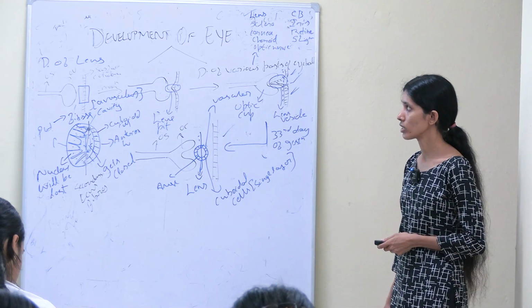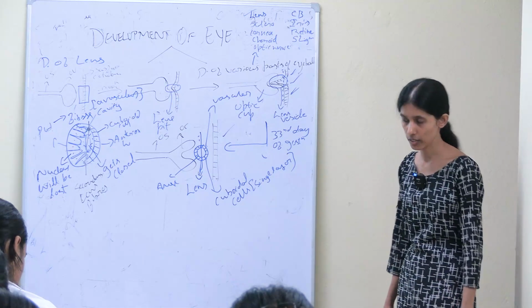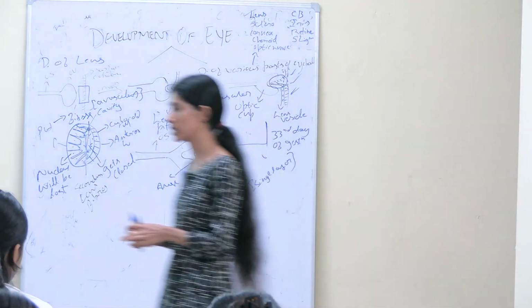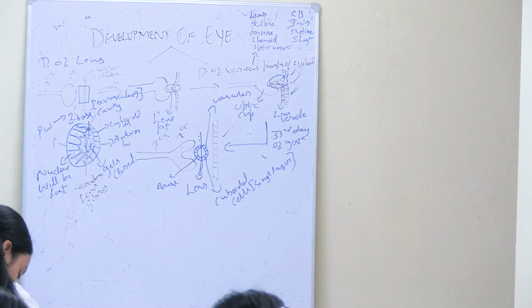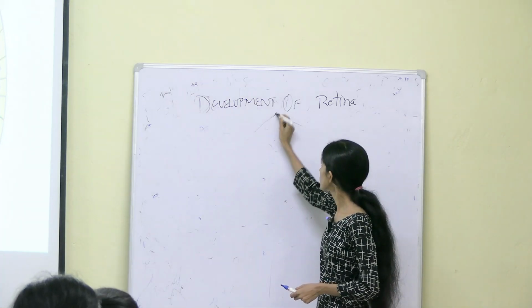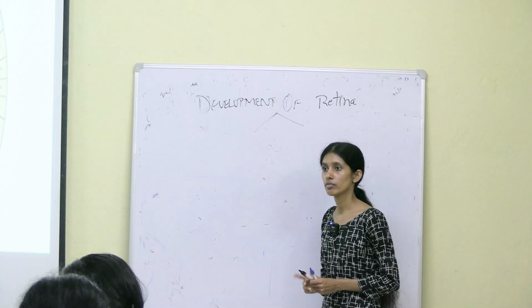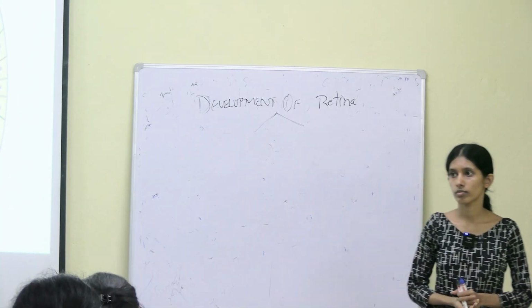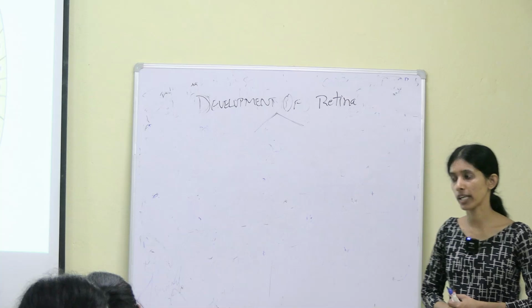Okay. Next we'll see the development of retina. So what are the layers of retina? How many layers are present in retina? Nerve fiber layer. Outer plexiform layer.